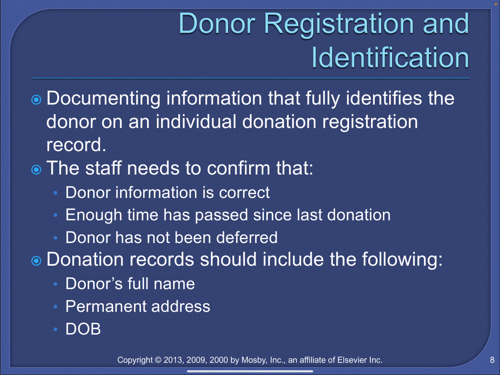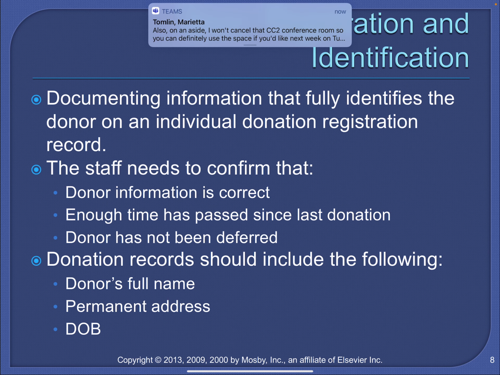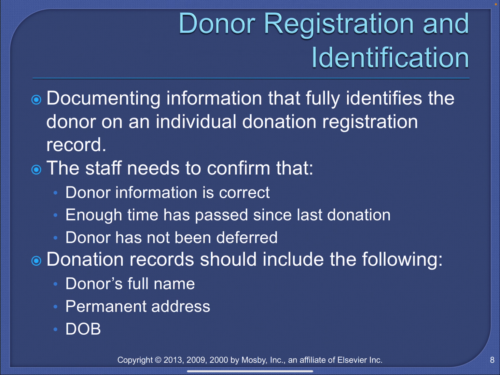Okay, so there are 4 phases in the donor screening process, and that is registration, educational materials, health history interview, and a physical examination. Let's talk about registration and identification first. This process includes the documentation of information that fully identifies the donor in an individual donation registration record.